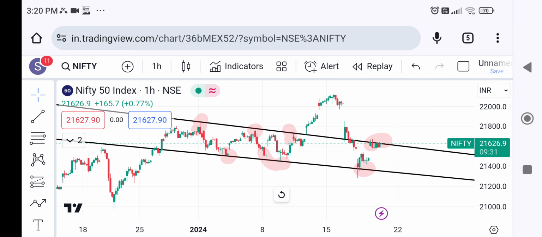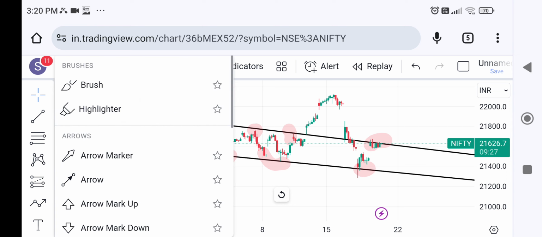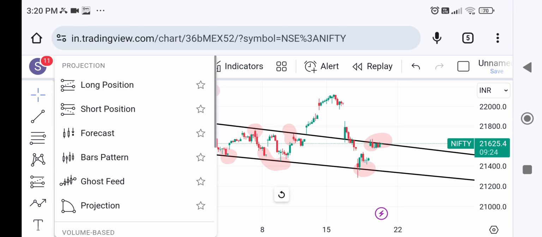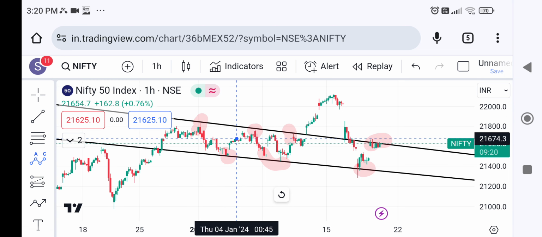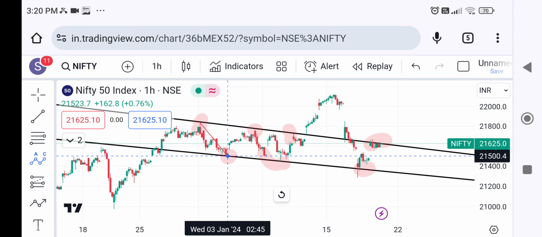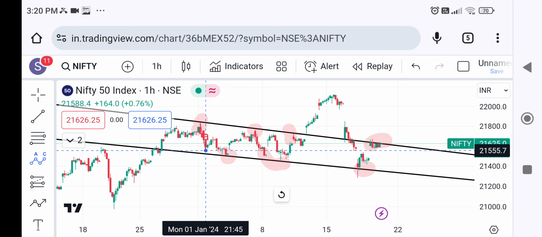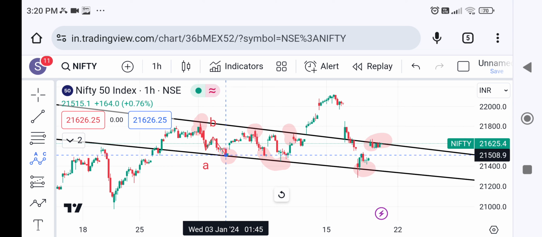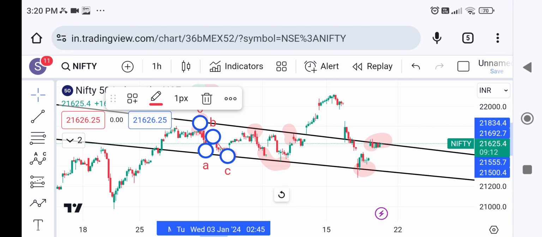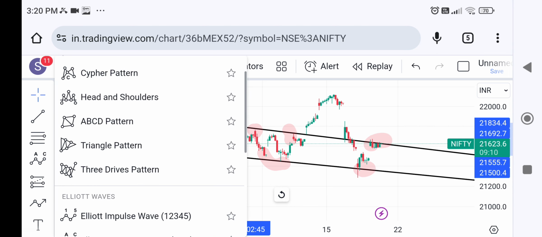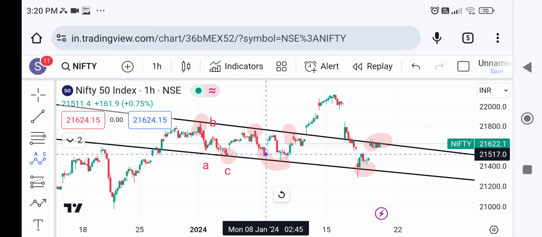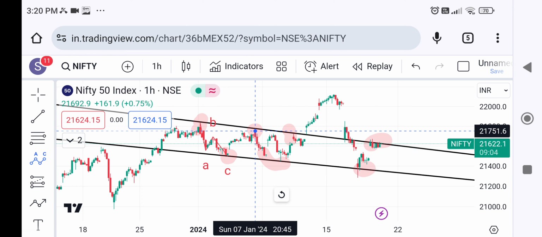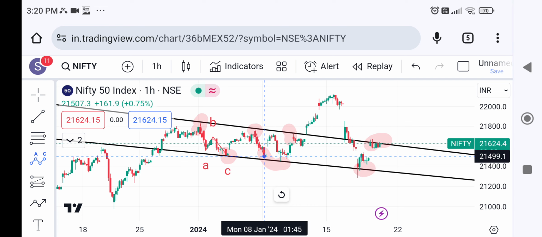So I think this is a correction starting from here. So we had A, B and C, and a complex again ABC, ABCX, and this again one ABC.